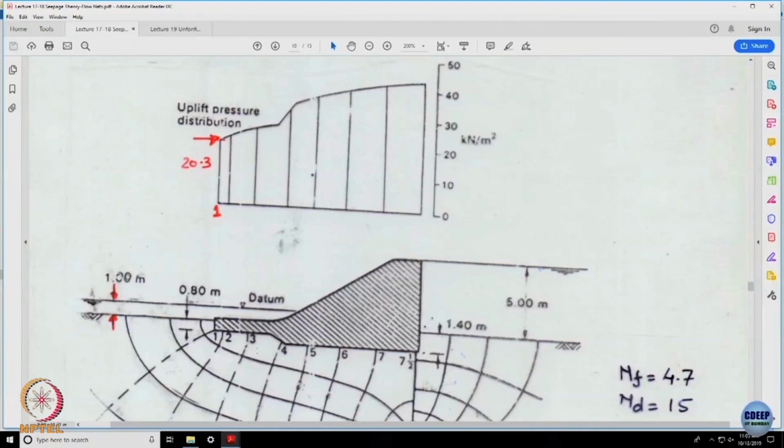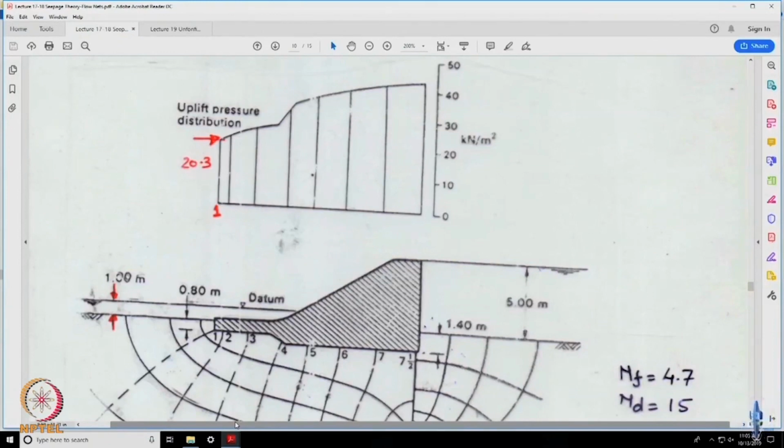It might so happen, suppose if I want to find out the pore water pressure between 3 and 4, let us say some point 3 prime, what I will have to do? I will have to refine my flow net in such a manner that one of the equipotentials passes through 3 prime. So, in that case the whole flow net will get changed. This is what somebody was discussing yesterday, and I was talking about the precision of the flow nets, alright.